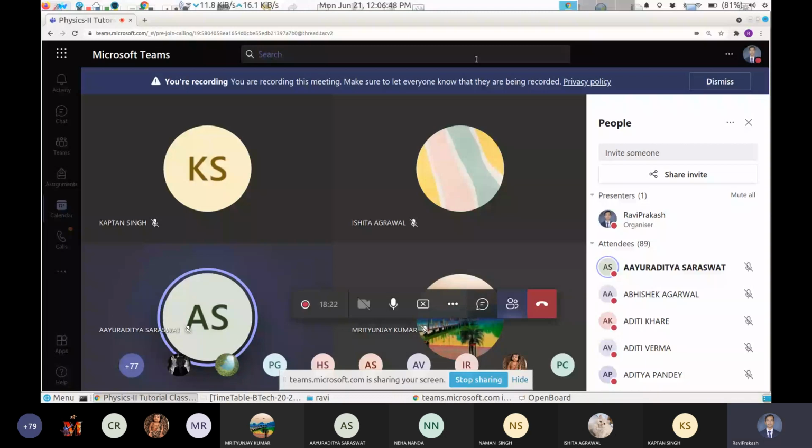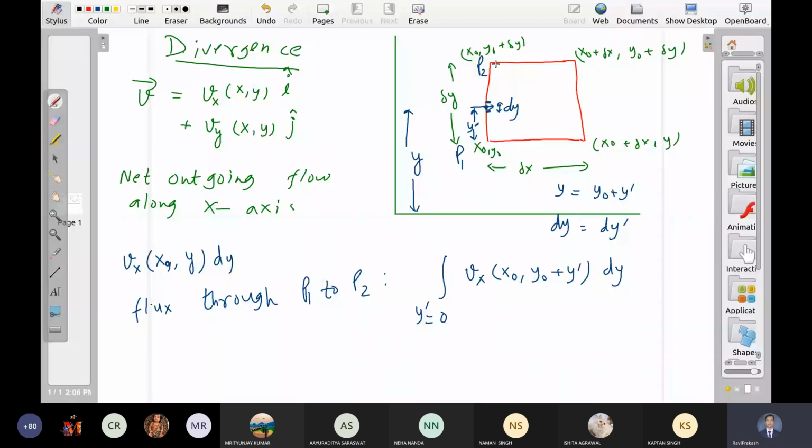P2 means either y naught plus delta y, or y prime is equal to delta y, whichever limit you prefer. How much is this flux?